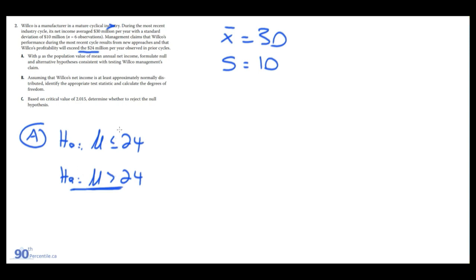We have to reject the null. So by rejecting the null, we are not officially accepting, just kind of a weird terminology thing. But by rejecting the null, we're saying that it will exceed 24 mil at some significance level. So it's kind of just flipped of what you would think. It's a little bit weird, but let's go with it.